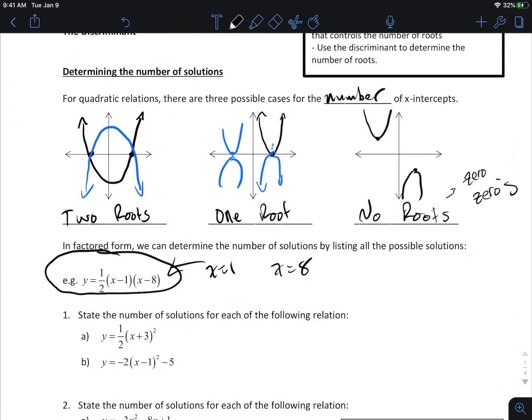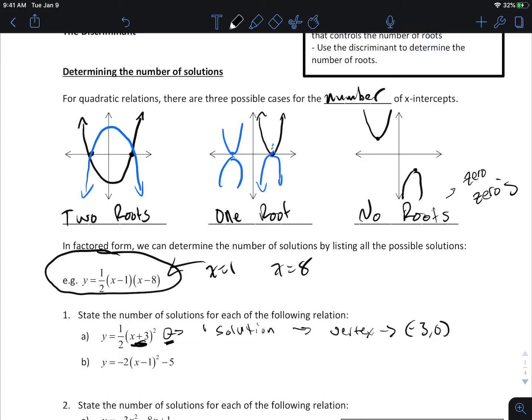Okay, so we know, because we plotted this, we have one solution, because the vertex, what's the vertex? Careful. -3 and 0. That came from the opposite of here, and there's no Q value, so it's 0.